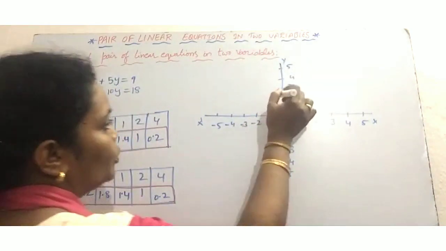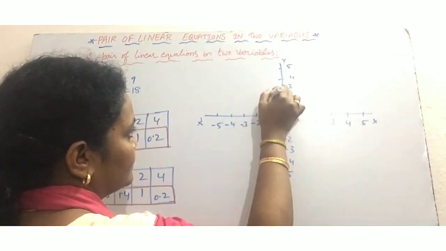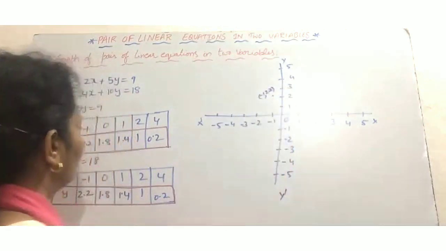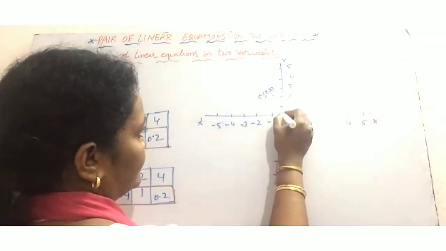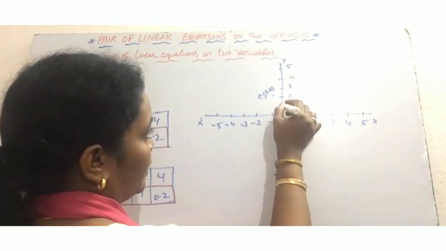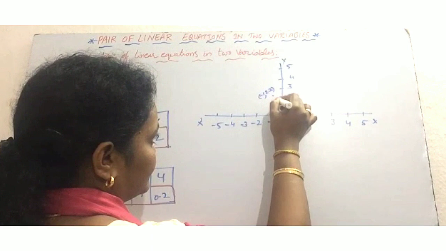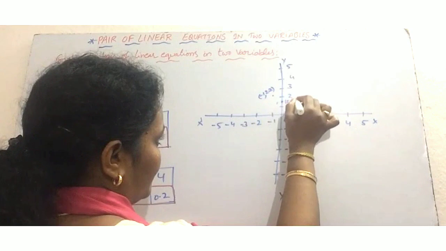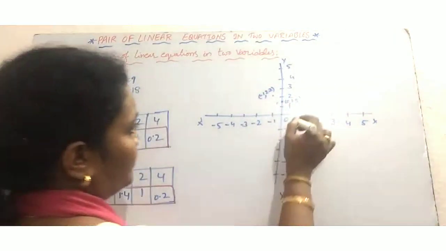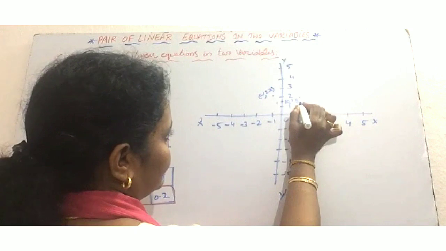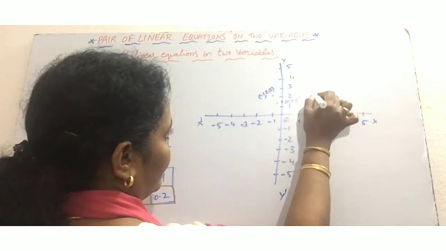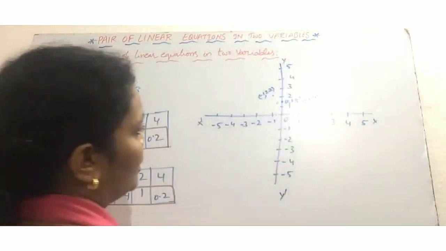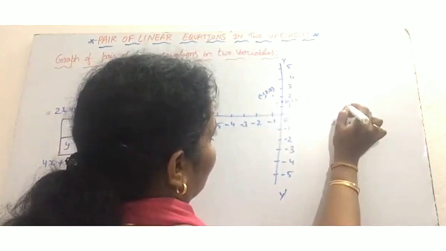First minus 1 comma 2.2 here, and next 0 comma 1.8 here, next 1 comma 1.4 here, 1 comma 1.4, and next 2 comma 1 here, next 4 comma 0.2, so here.